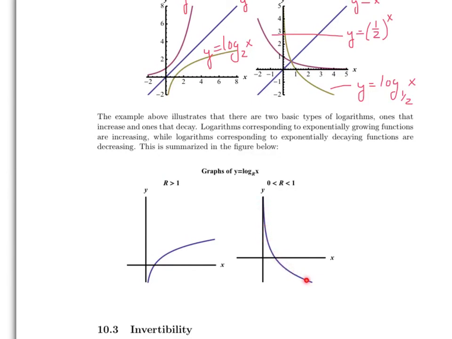This logarithm is decreasing, just like this one up above is. So you arrive at this kind of a logarithm by starting with an exponentially decreasing exponential function. And you get exponentially decreasing functions when you talk about factors that are smaller than 1. In other words, if a logarithm has a base that's less than 1, it's going to be a decreasing logarithm.